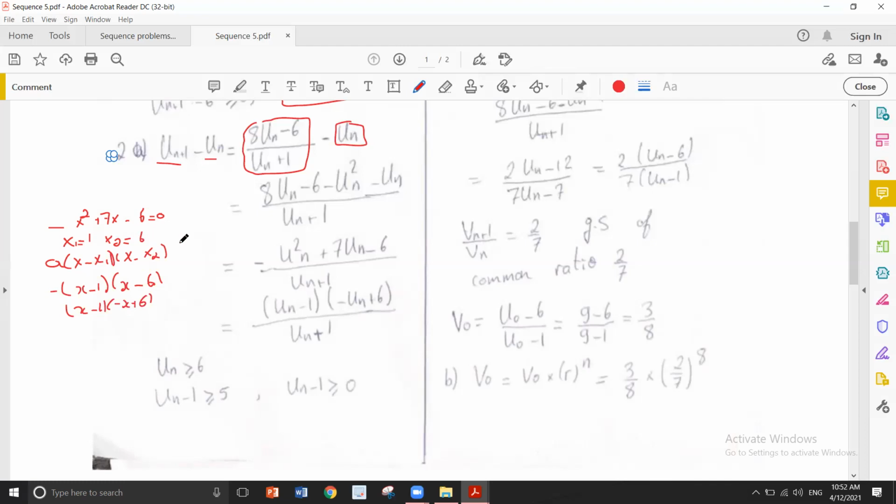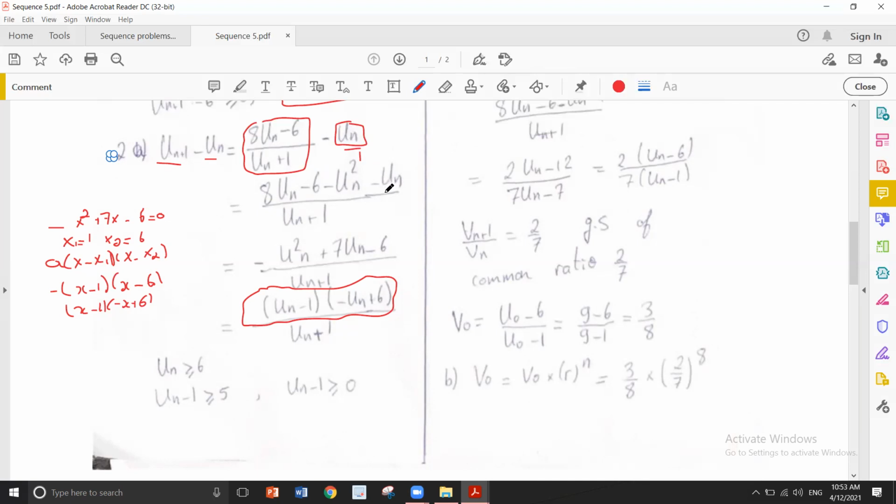Yes. Professor, how did you do this times this here, un minus 1 into minus un plus 6? Yes, up here we took the LCM. This is over 1. This stays 8 un minus 6. This is minus un times un minus u squared n. 1 times minus un is minus un.